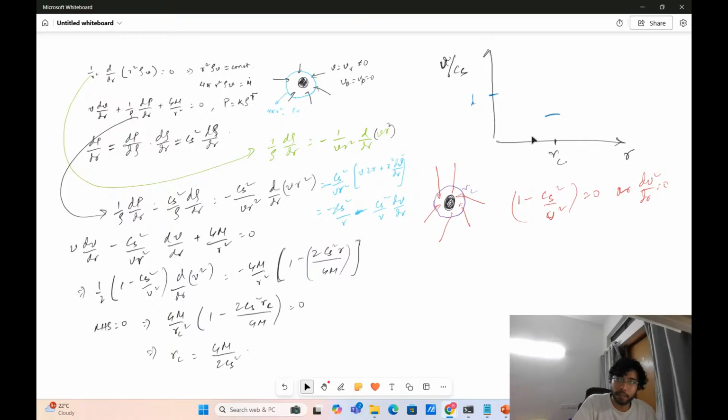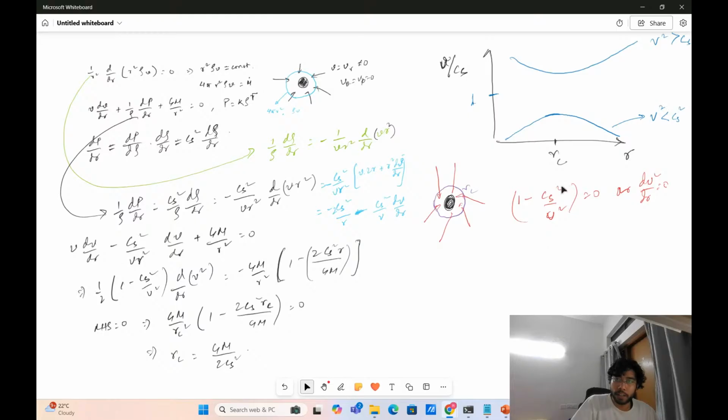So if you plot the graph, this will come out to be like this. And under this condition, another condition also needs to be satisfied, that V square should be less than Cs square, right? But on the other hand, if V square is always greater than Cs square, you will get this curve, right?